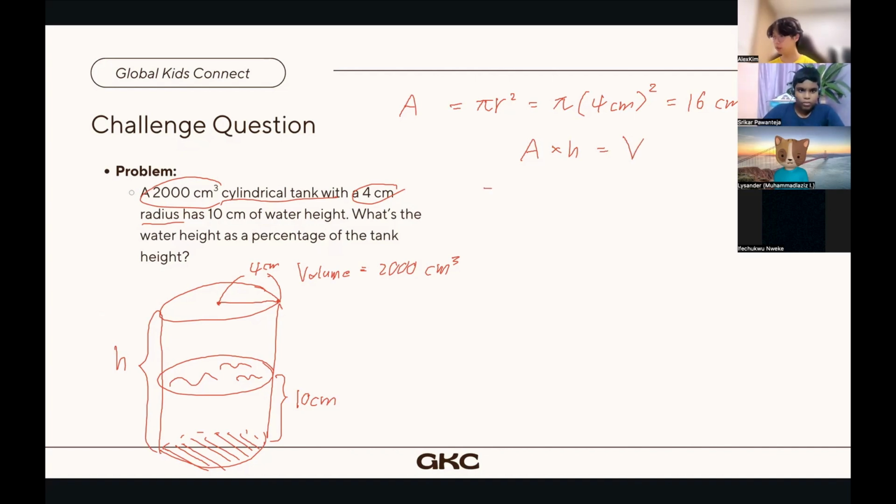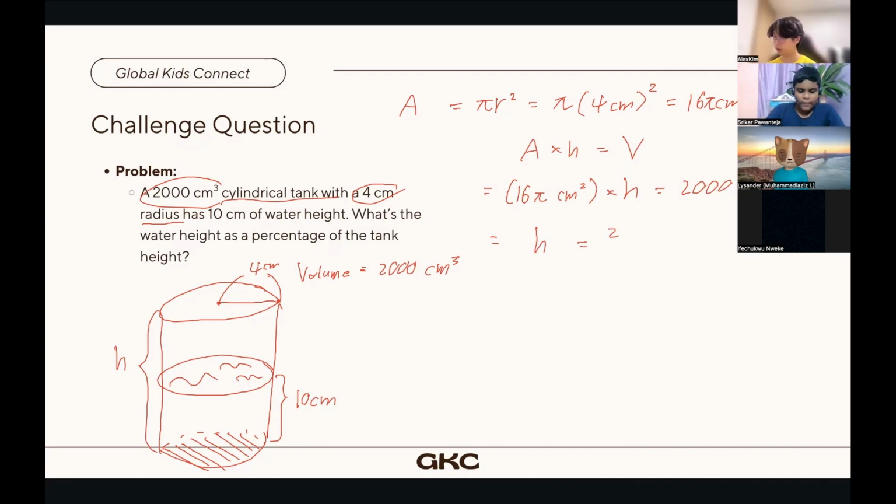And therefore, we know the area, which is, excuse me, 16 pi centimeters squared. So we can say that it is 16 pi centimeters squared for the area times the height, which we currently do not know, is equal to the volume which we are given, which is 2,000 cubic centimeters. And so we can divide each side by the area to leave the h, or the height, on the left side.